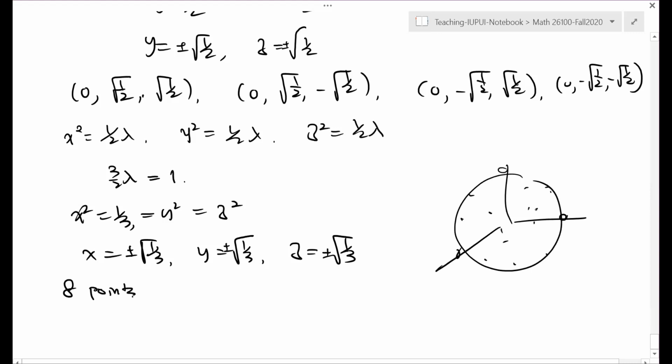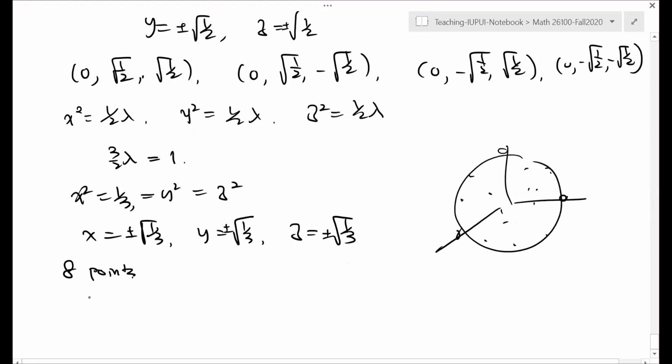But there are only finitely many. Then you look at the value of the function at those points and find the maximum value. At any of the points in this form, you get the same value.